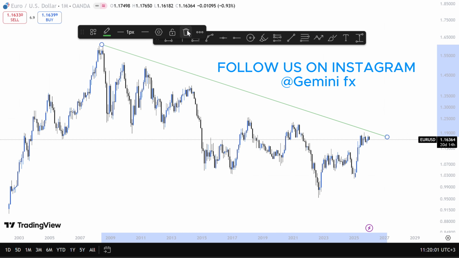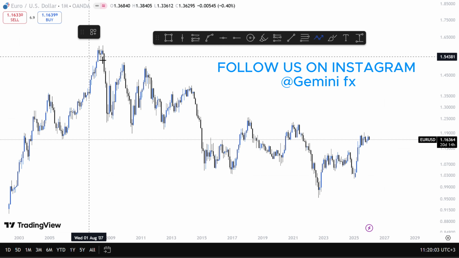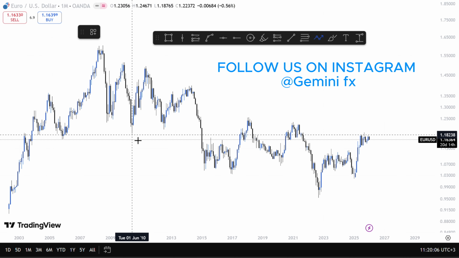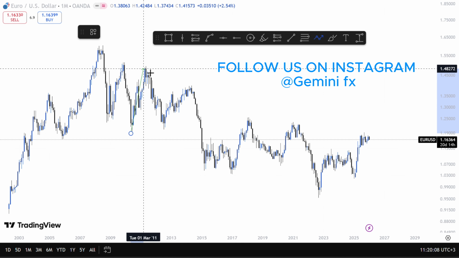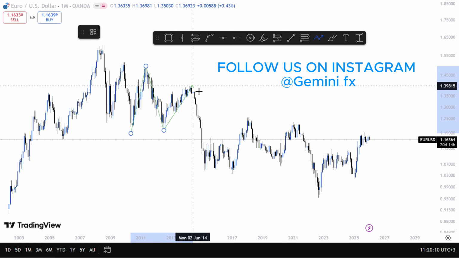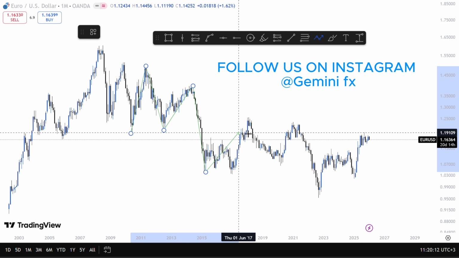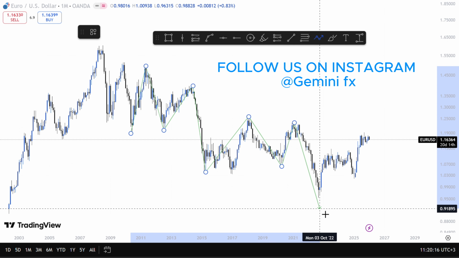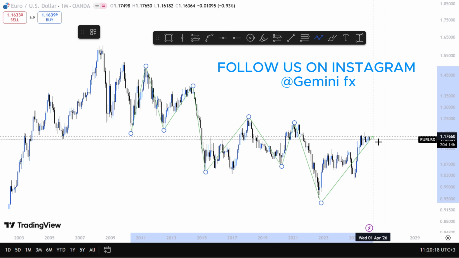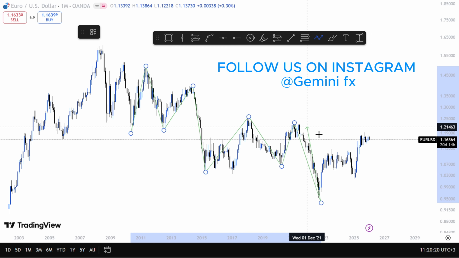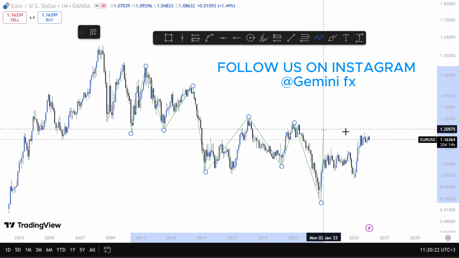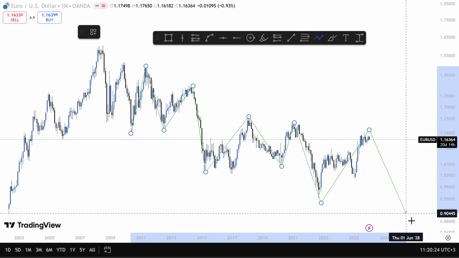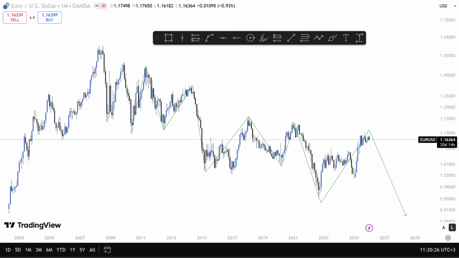Looking at the market structure, we had this internal high and low, then we had this low, then a correction inside, then internal low, high, break, and now we're in this correction. So basically I think we want to touch this supply level here before we can move a little bit down.